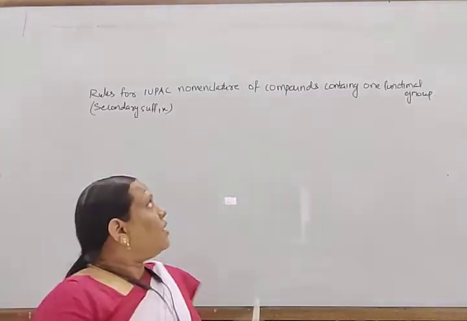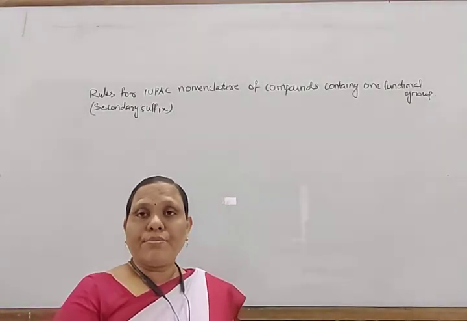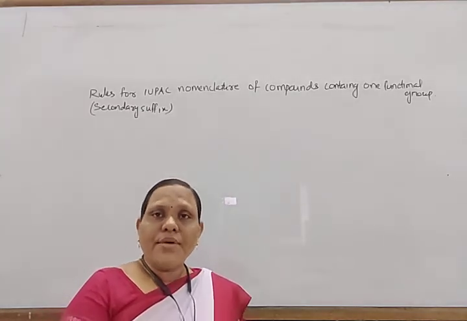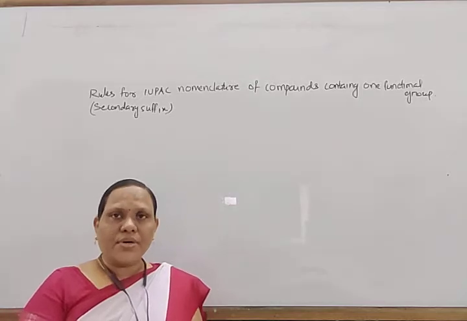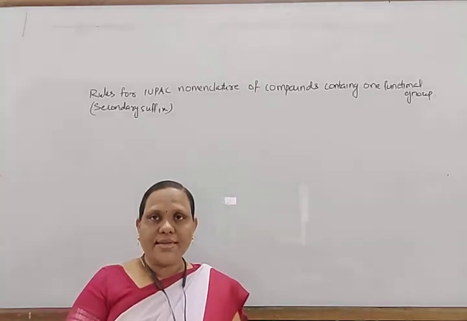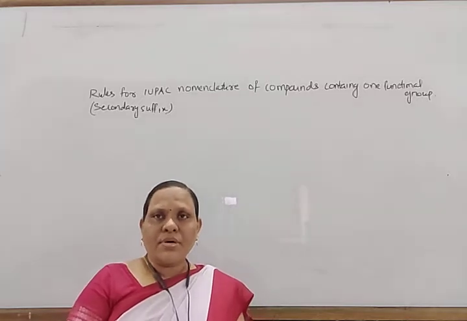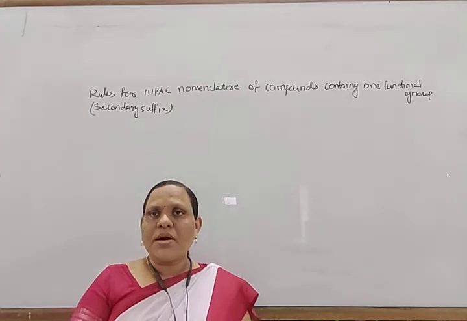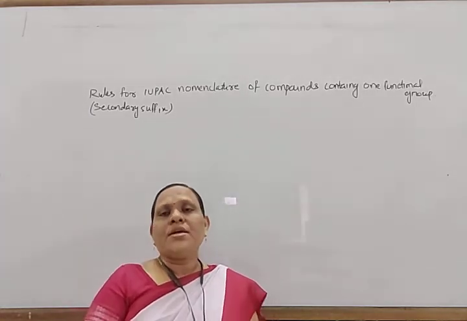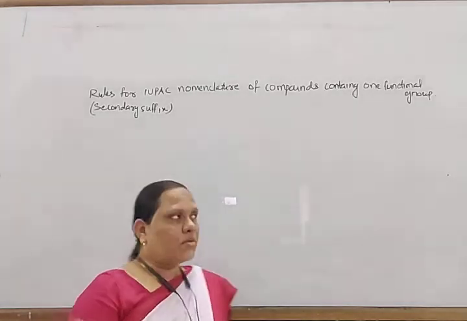Next, we come to the rules for IUPAC nomenclature of compounds containing one functional group. If any compound contains one functional group, how do we write the name? Already we have discussed some simple compounds with different functional groups: alcohol, aldehyde, ketone, carboxylic acids, etc. Here, if it contains a long chain, how do we name these compounds?